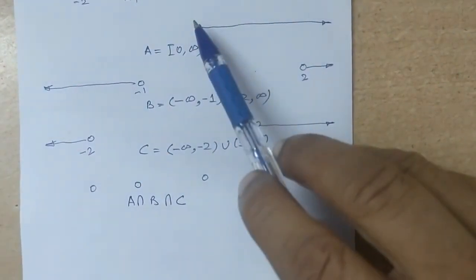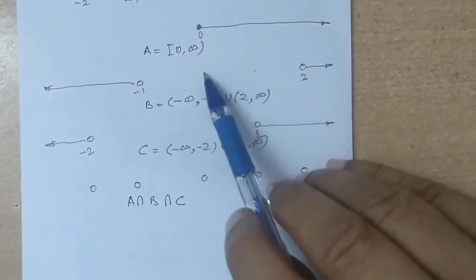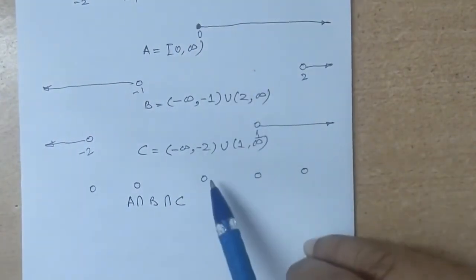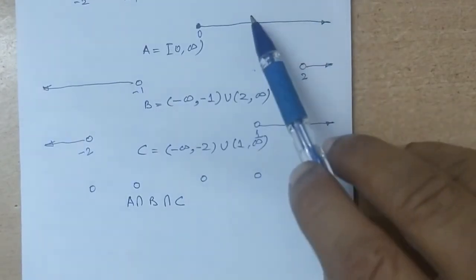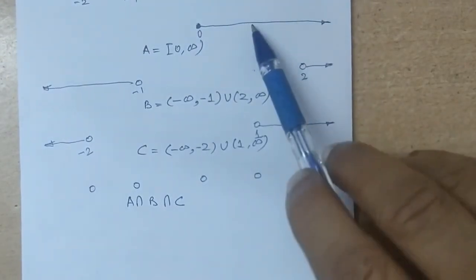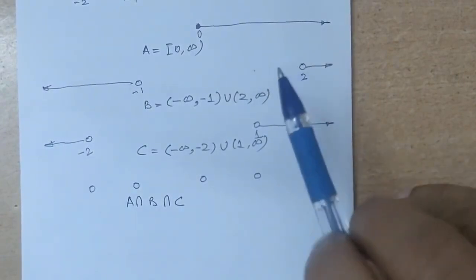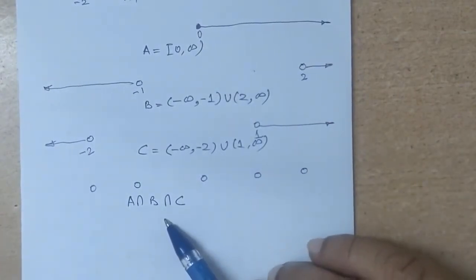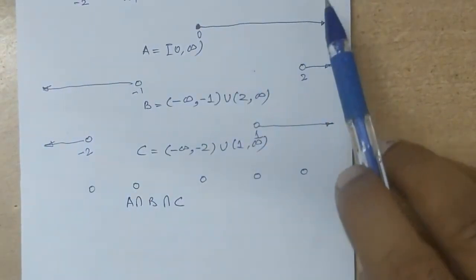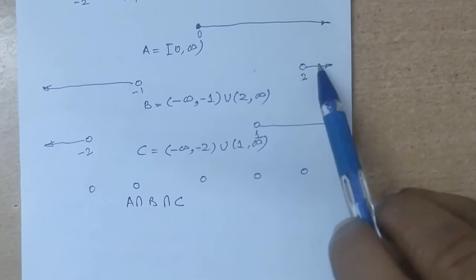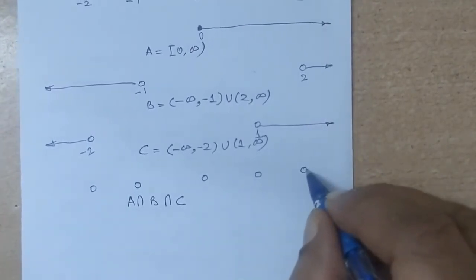The interval between 0 and 1 is an element of A but is not an element of B, hence it is not an element of the intersection also. The interval between 1 and 2 is an element of A but is not an element of B, hence it is not an element of the intersection also. The interval between 2 and infinity is an element of A, B and C, hence it is an element of the intersection also.